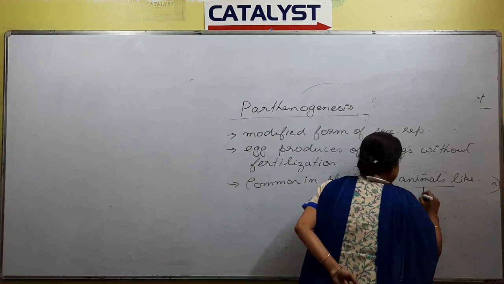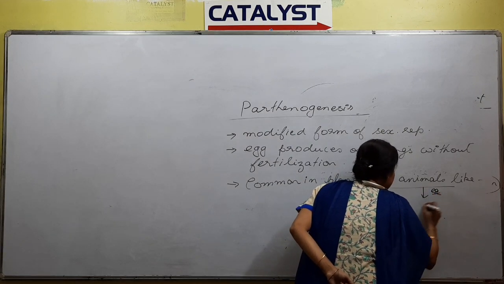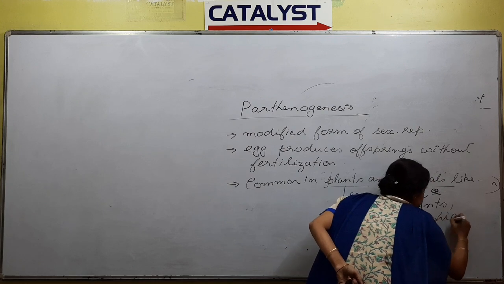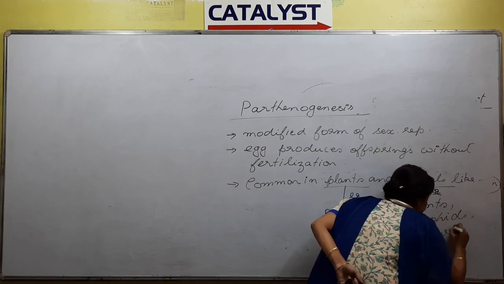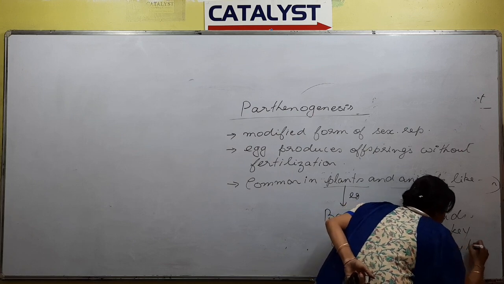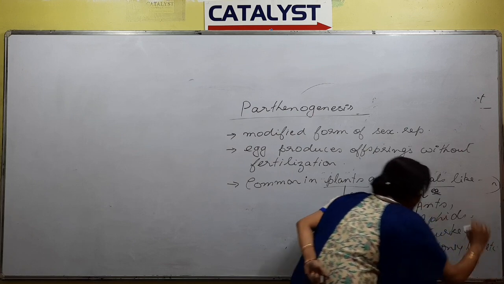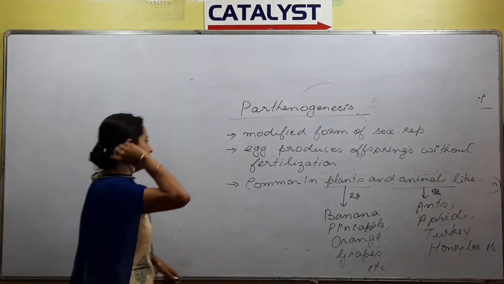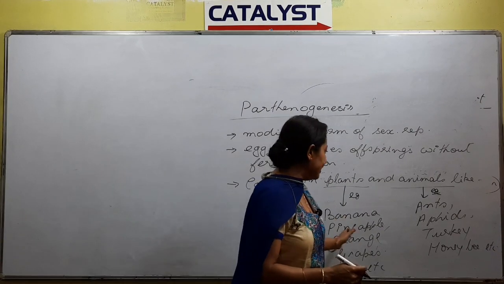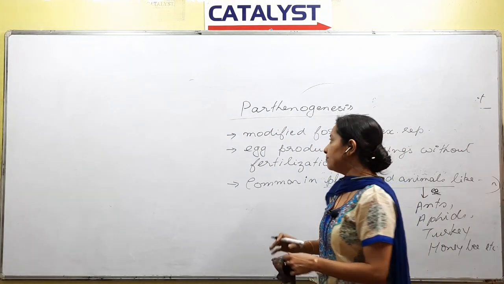As far as animals are concerned, examples could be ants, aphids, turkey, honeybee, etc. Right? So it is common in plants and animals like banana, pineapple. You have to remember the examples.